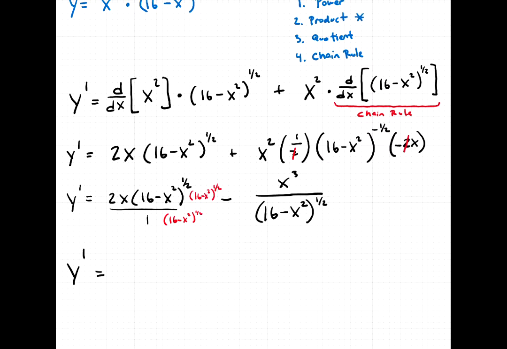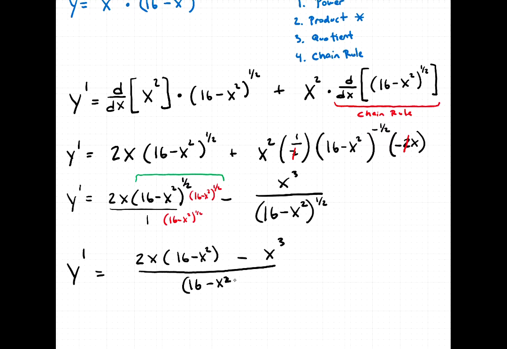Okay, so it looks like we have a 16 minus x squared to the half times a 16 minus x squared to the half. So we add those exponents. That's 16 minus x squared to the first power. All right, so this is looking like it's simplifying nicely. So we have 2x times 16 minus x squared. And then in the second term, we have a minus x to the third power. And this is all over 16 minus x squared to the half.